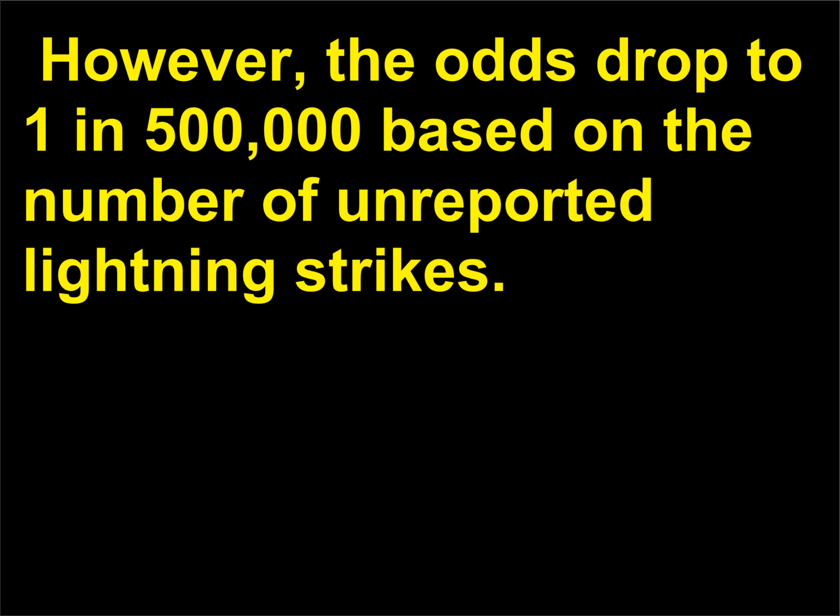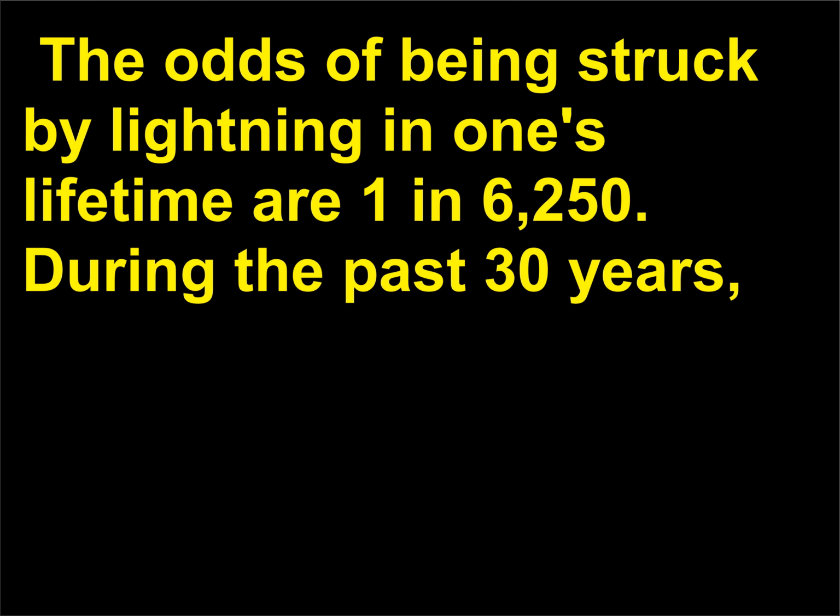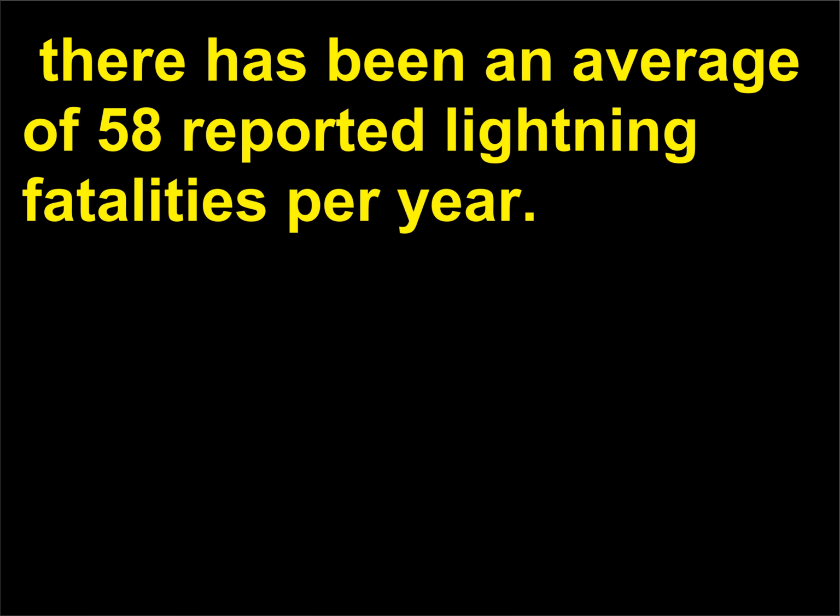However, the odds drop to 1 in 500,000 based on the number of unreported lightning strikes. The odds of being struck by lightning in one's lifetime are 1 in 6,250. During the past 30 years, there has been an average of 58 reported lightning fatalities per year.